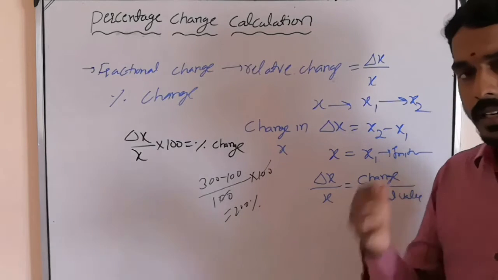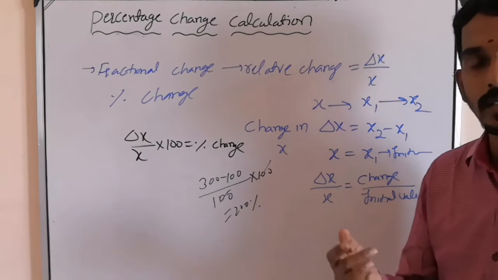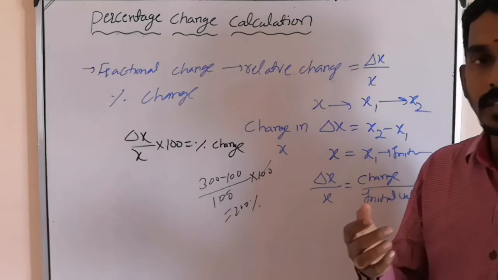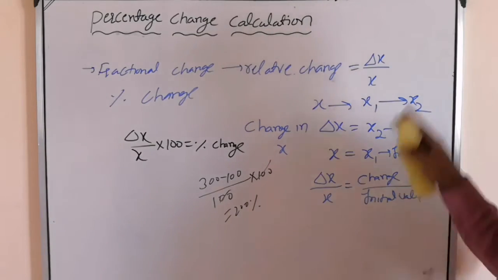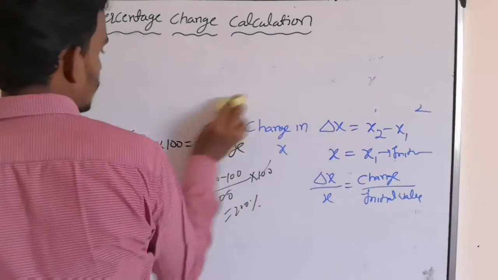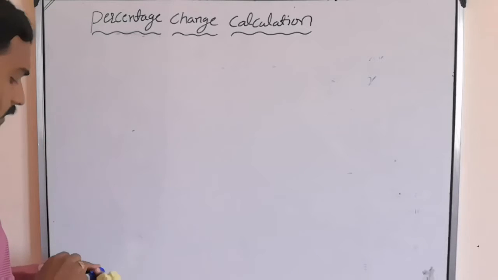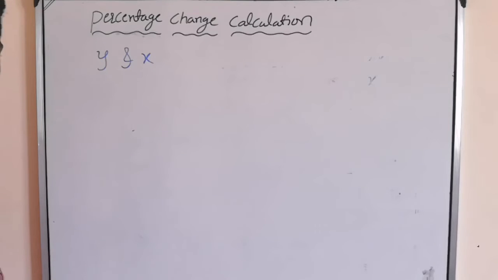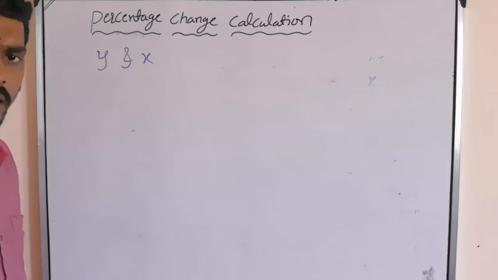What they will always ask is the percentage change for one quantity which is depending on another quantity. Like for example, let's take two quantities, one is y, another is x. Now y depends on x. In what way can it depend?